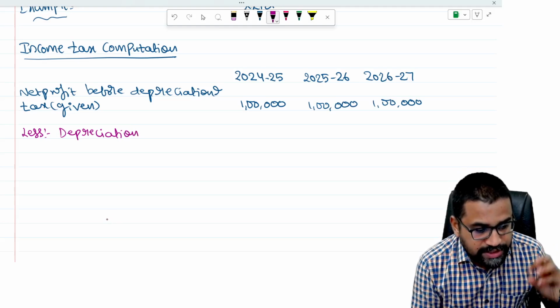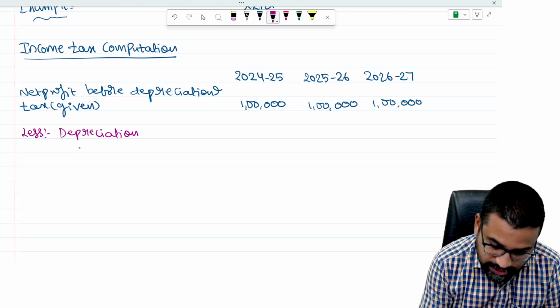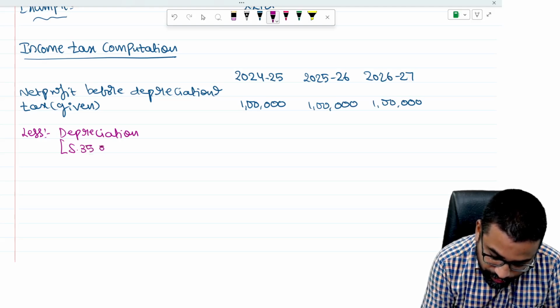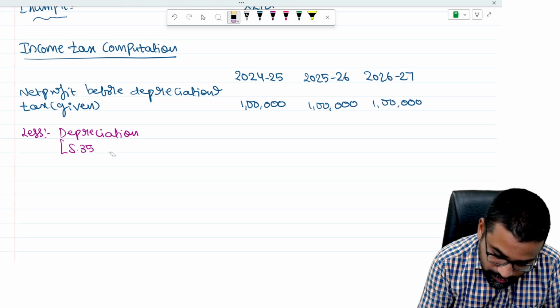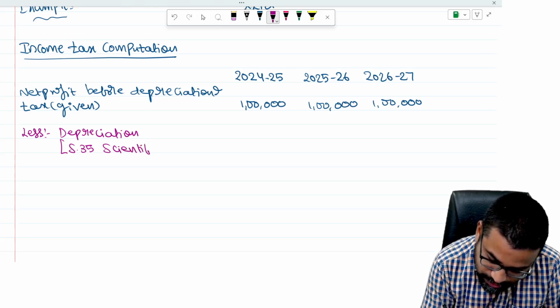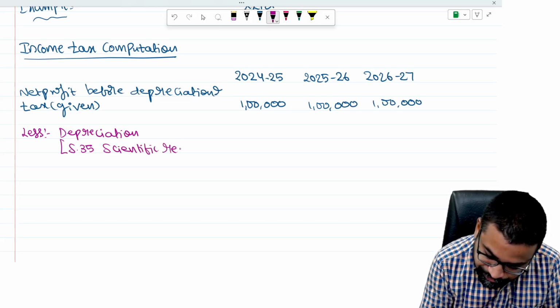Now the cost of the machinery is 30,000. For example, as per section 35, scientific research asset.